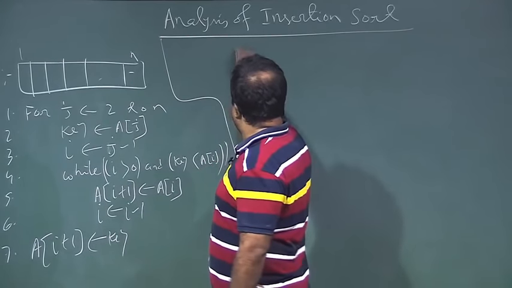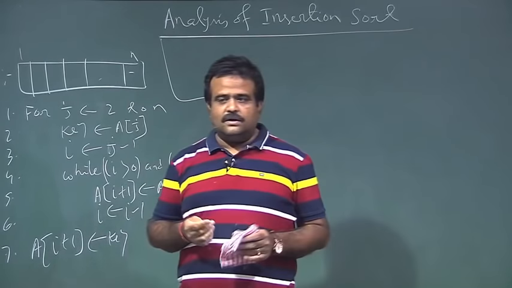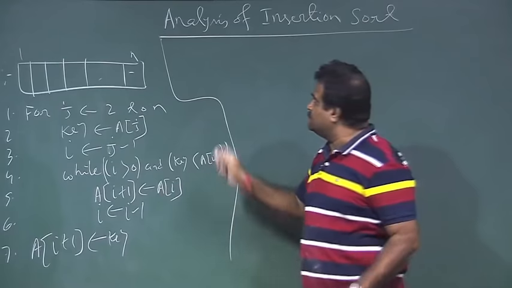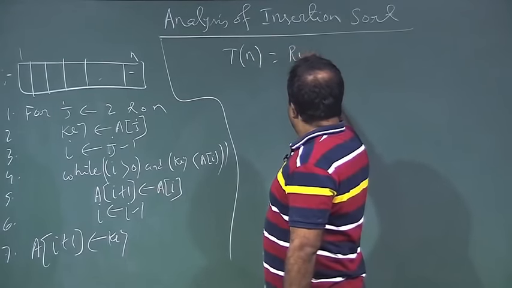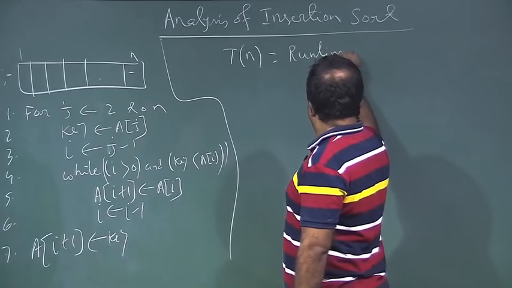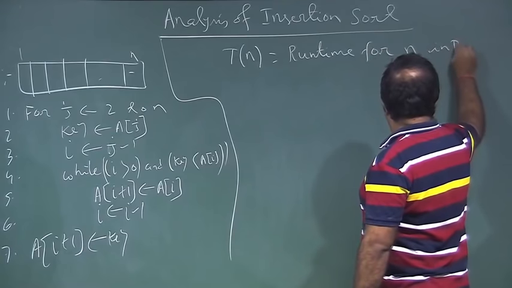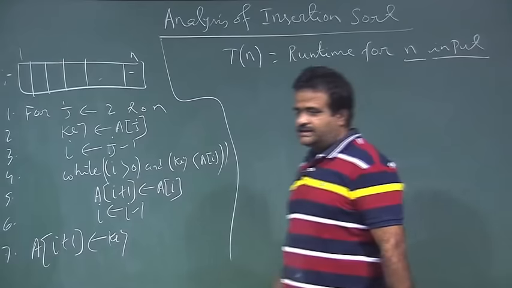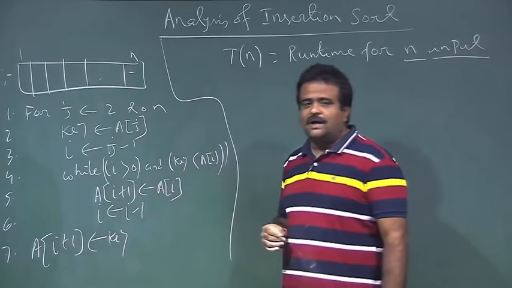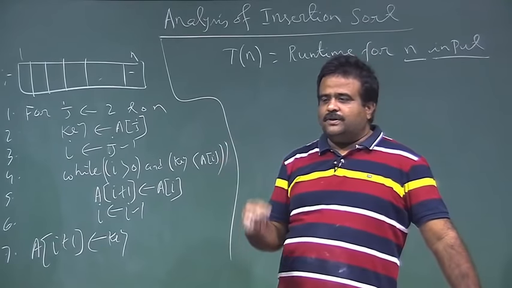We have seen the runtime will depend on the size of the input. It will depend on n. So that's why we parameterize by n. This is the runtime for n input. Then we have seen the runtime will also depend on the pattern of the input.